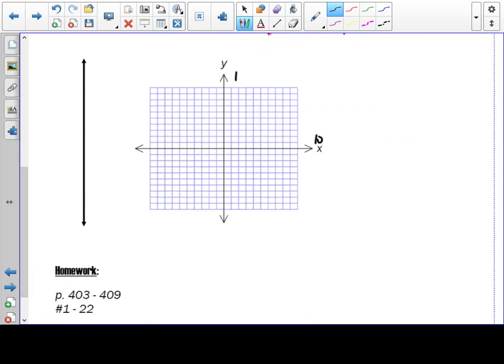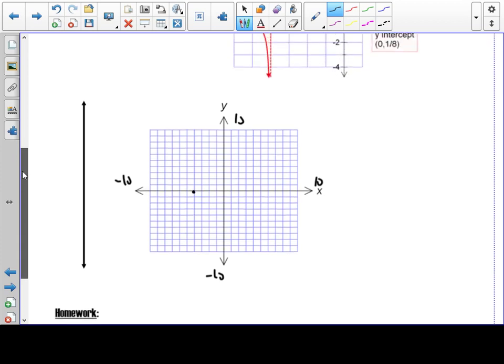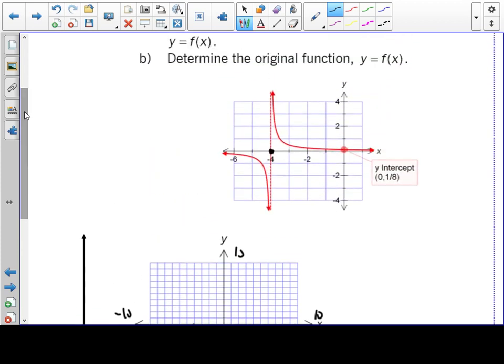Let's make this our -10 to 10, -10 to 10 graph. So there is a 0 at -4. And it tells us the y-intercept is 1/8. So if we take the reciprocal of that, we're going to get the original one. What's 1 over 1/8? Well, how many 1/8 go into 1?